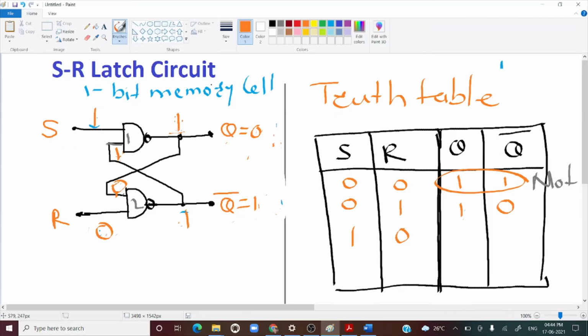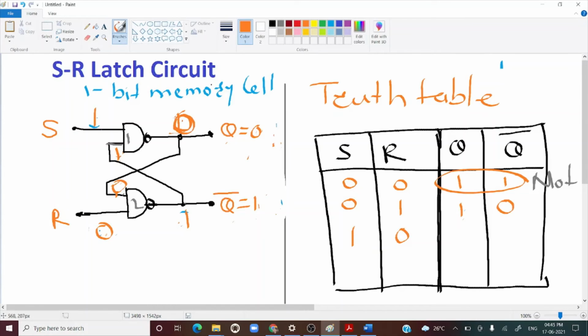Okay, according to the truth table of NAND gate, if both the inputs are 1, then the output is 1. Sorry, if both the inputs are 1, then the output is 0.